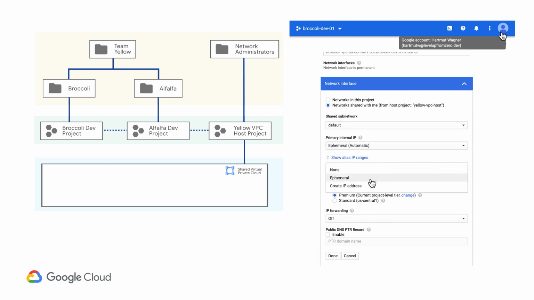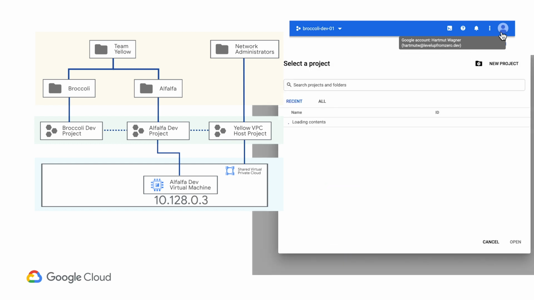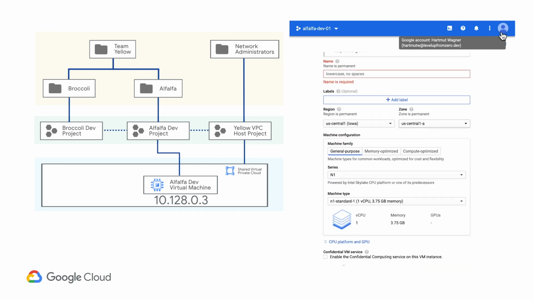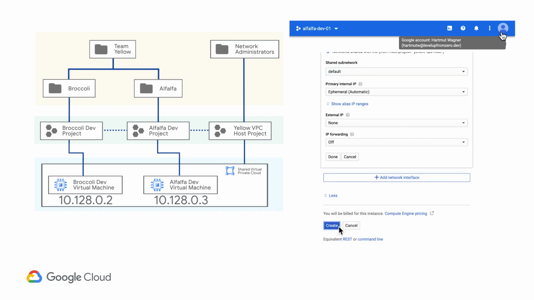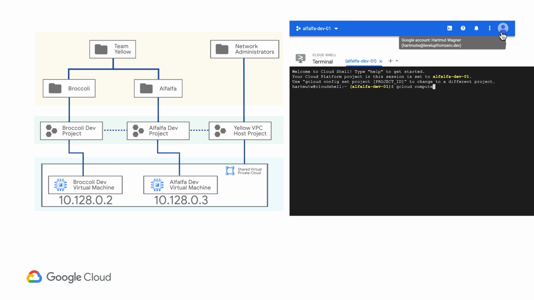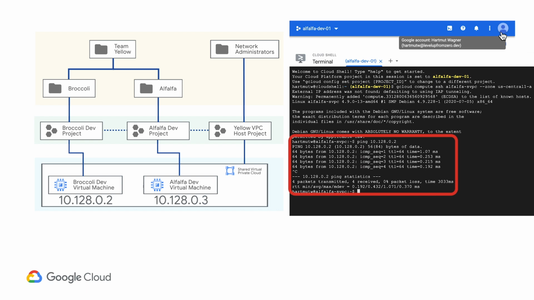Here we'll choose the default subnetwork and again turn off external IP addresses exposed to the public internet. Now we'll do the same for the other development project. Again, quickly SSHing into one of our new VMs, we can grab the IP for the VM in our other development project and test connectivity. Great, everything looks good.